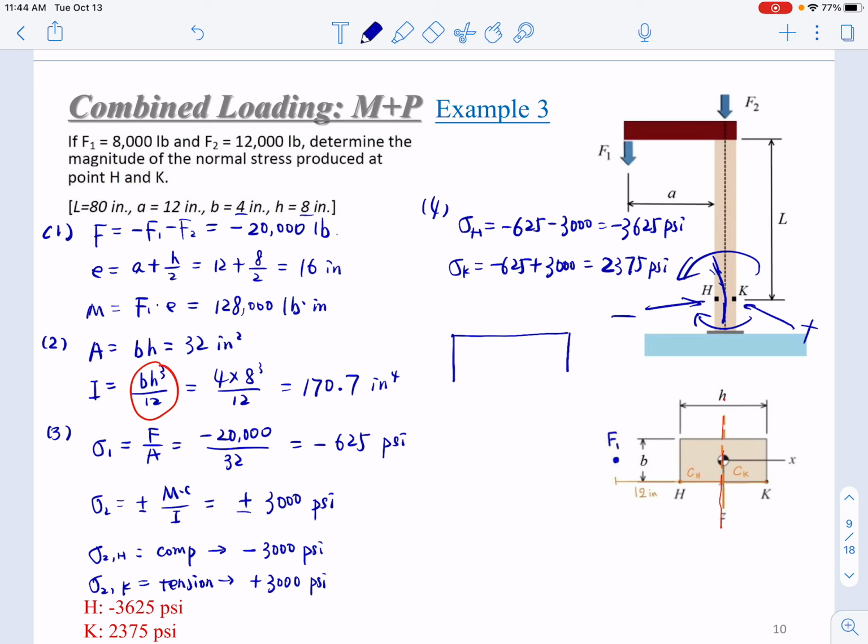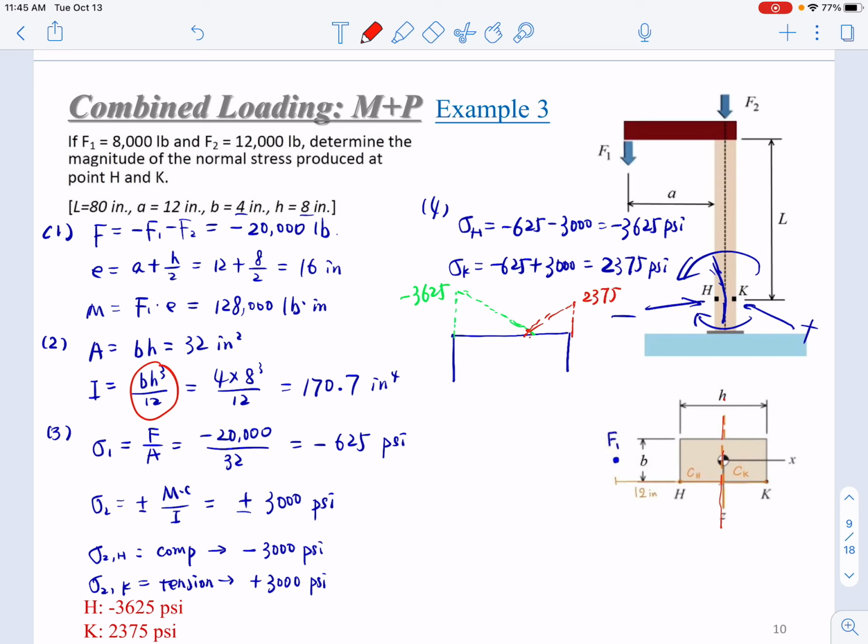negative 3,625, and on the right end, you have 2,375.